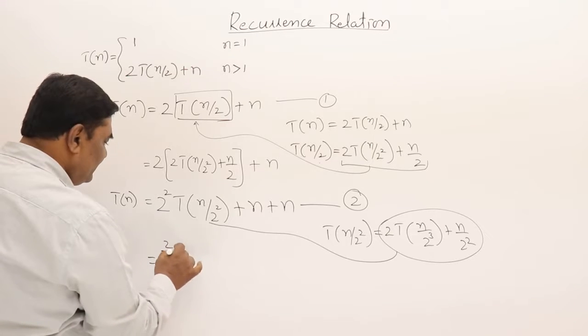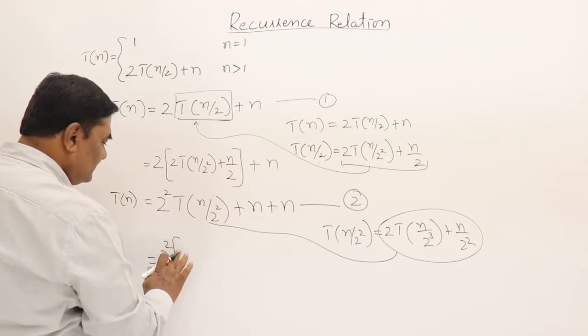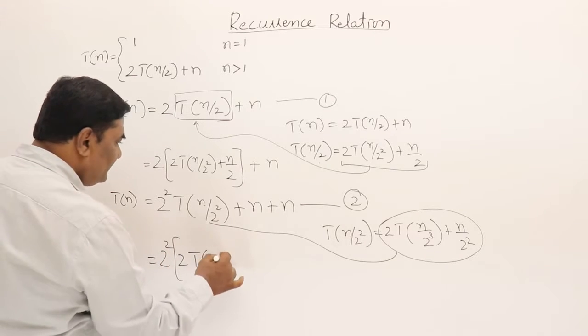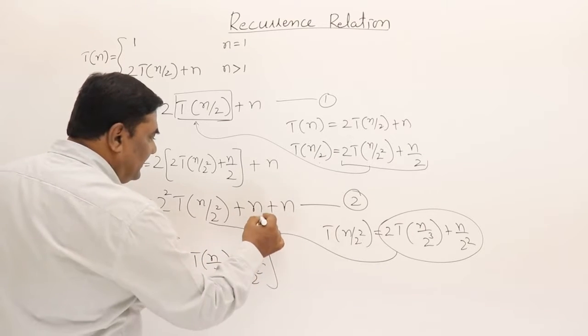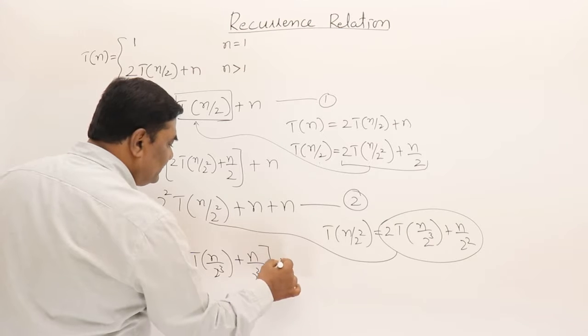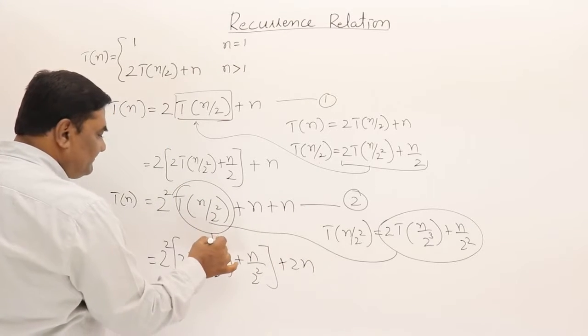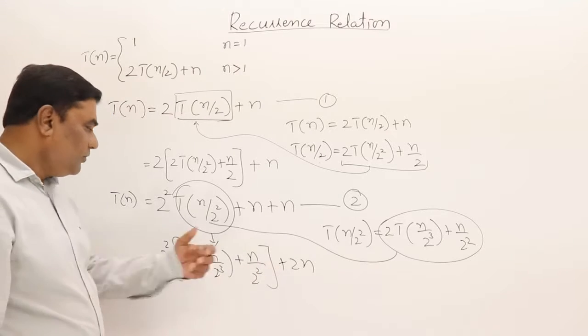2²[2T(n/2³) + n/2²] and after this 2n. So only this portion I have substituted. So this became this in bracket. Open this one.